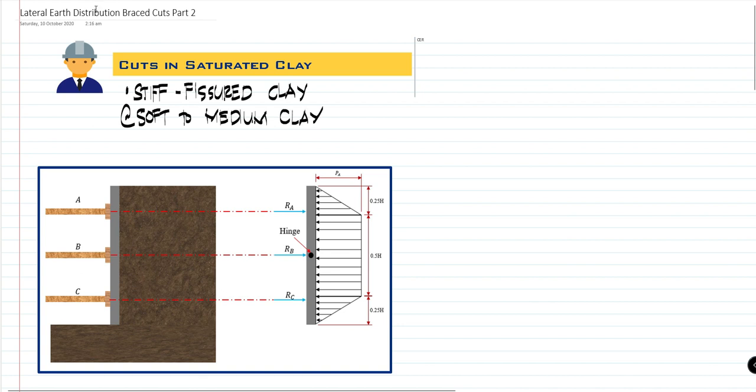Pero paano natin malalaman if stiff fissured clay or soft to medium clay yung saturated clay natin?